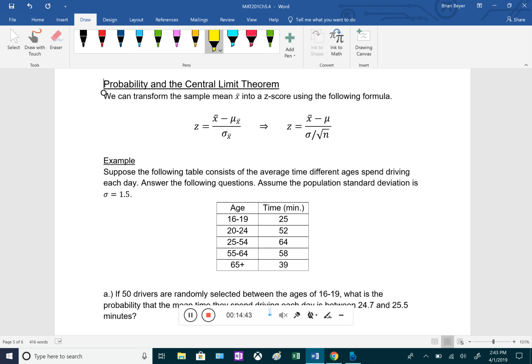So it's going to be Z equals X bar minus the mean of the sample means divided by the standard deviation of the sample means. So we know that the mean of the sample means equals the population mean. And then we also know that the standard deviation of the sample means equals the population standard deviation divided by the square root of the sample size. So the formula is a little bit different. Other than that, we're almost doing the exact same thing though.